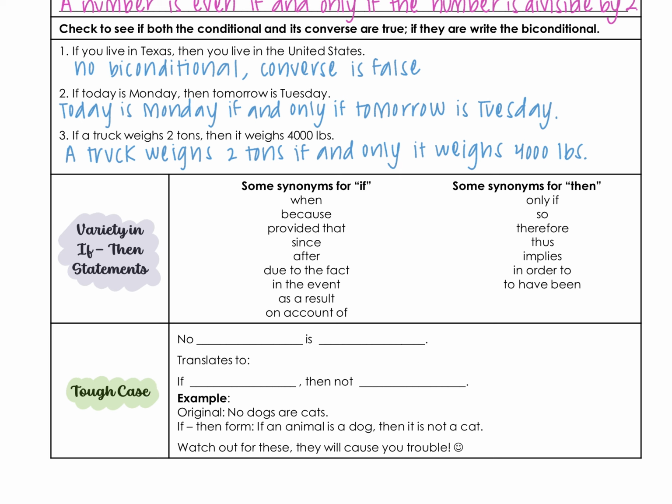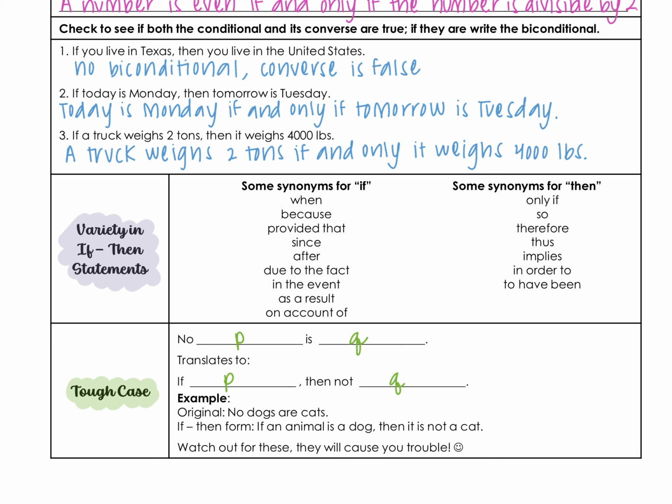A lot of the time, those are when you have sentences that start with no, and we're going to say no P is Q. The way you translate this sentence to make it make sense is you are going to say if P. So it's no longer no P. It's going to be if it is P, then it's not Q. That's what our tough case is going to look like.